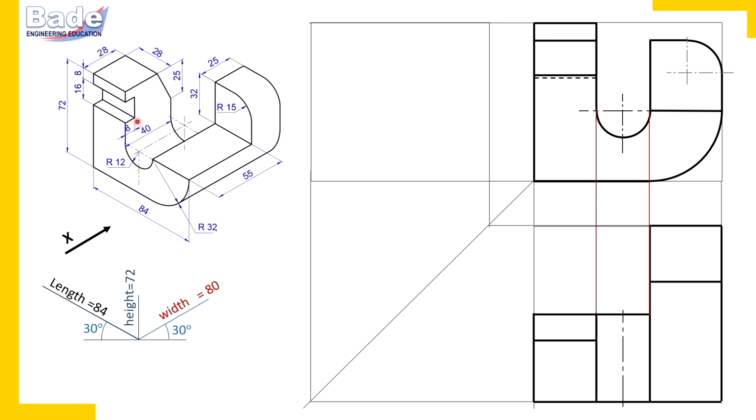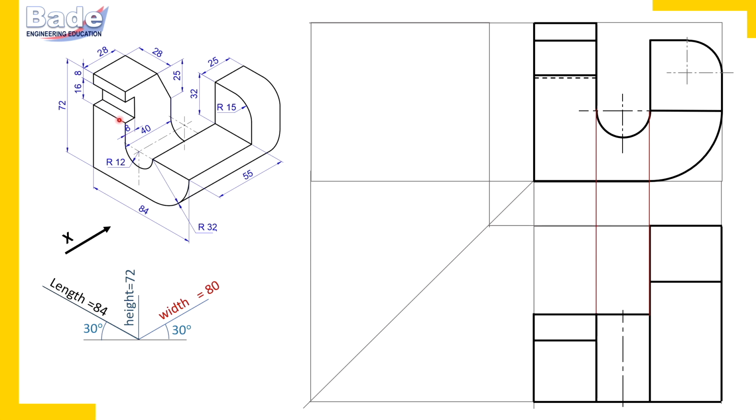So watch here, this corner, there is an edge parallel to length, or you can say this surface, which is actually not visible from top. This surface we will draw, and this surface is hidden in the top view. But this surface shows its true shape in the top view because it has two principal edges, parallel to width and parallel to length. Okay, so measure 8 millimeters.